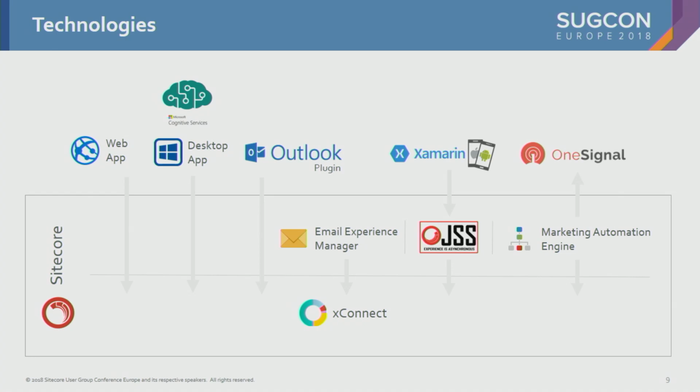Then we have GSS to provide content for the Xamarin application, personalized content, very important. We have marketing automation that triggered a number of Email Experience Manager emails, and also subscribed the contact for push notifications using the OneSignal service. So this is the list of technologies used in this demo.